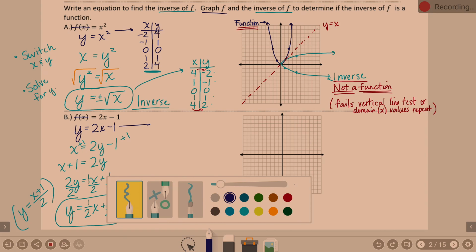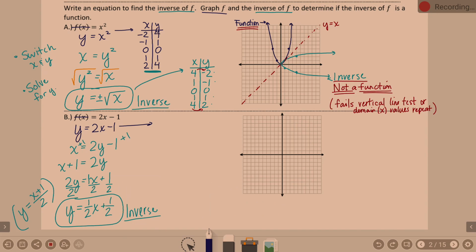How do you want to graph the original, y equals 2x minus 1? Okay, can we do an xy chart? You can. What else can we do here? Is it in y equals mx plus b form? Whatever you see personally, yes?